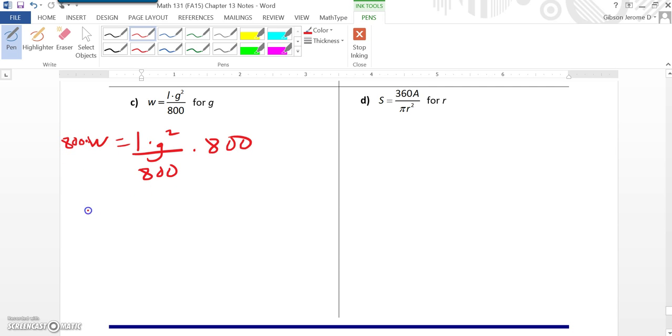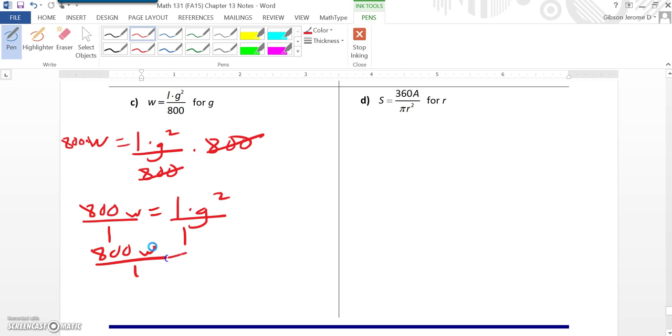So we will have 800W is equal to, these 800s will simplify, L times G squared. Now we'll divide each side by L. We have to remember that that's L and not 1. So we will have 800W divided by L is equal to G squared.